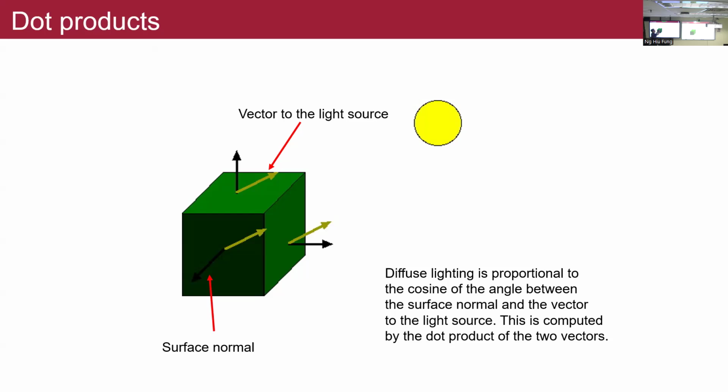With this perpendicular vector and a vector pointing to the lighting, we want to calculate the angle. And this angle is the dot product. With the dot product, you will have a scalar, and that scalar is the light intensity of these faces.